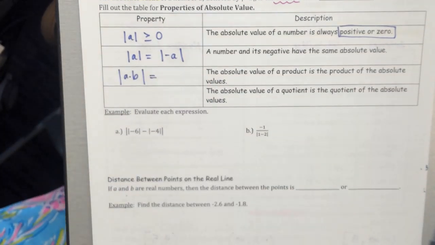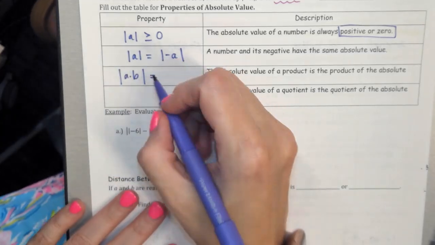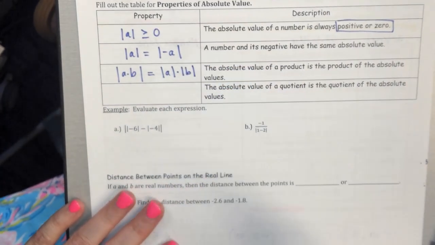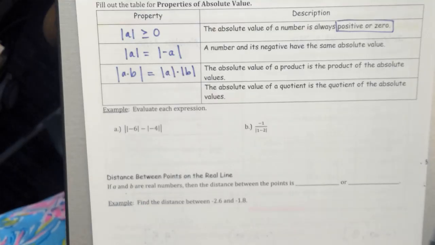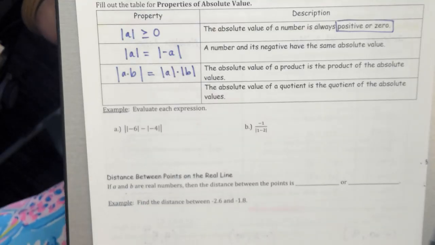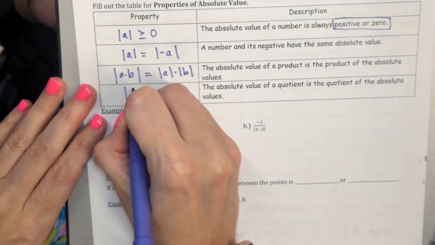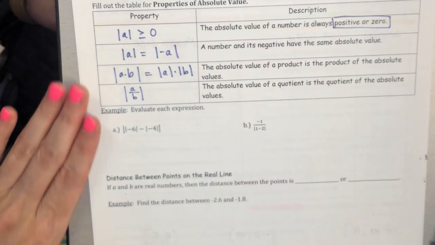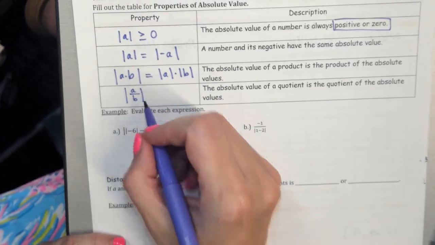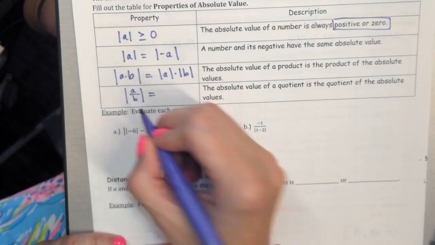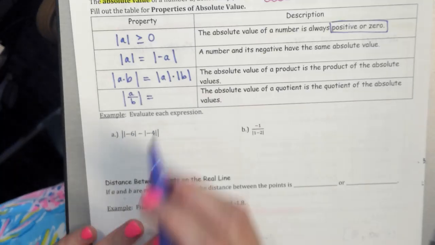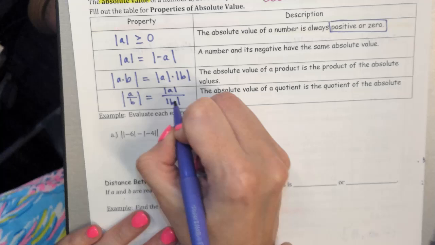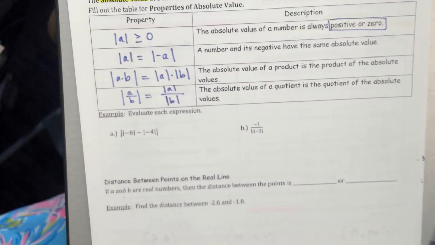So the absolute value of A times B is the same thing as the absolute value of A times the absolute value of B. So it doesn't matter if you take the absolute value after you multiply or before. And then the same thing happens when you divide. Okay, you can find the quotient and then take the absolute value, or you can take the absolute value of each and then find the quotient.